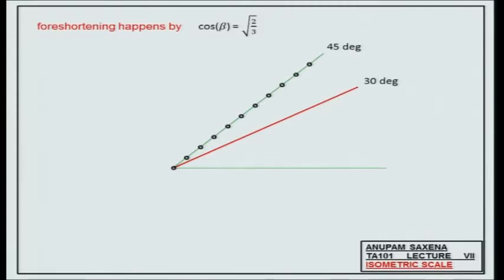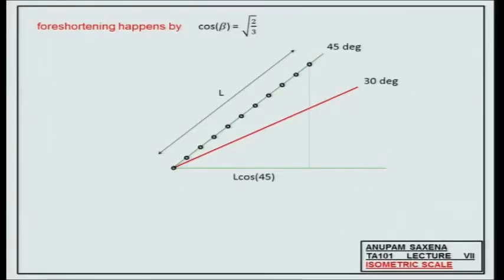If you take the horizontal projection of, let's say, length L, which is the true length on the 45 degree line, then the horizontal projection will be L times cosine of 45. Okay?